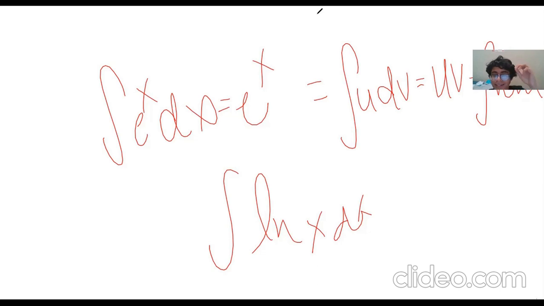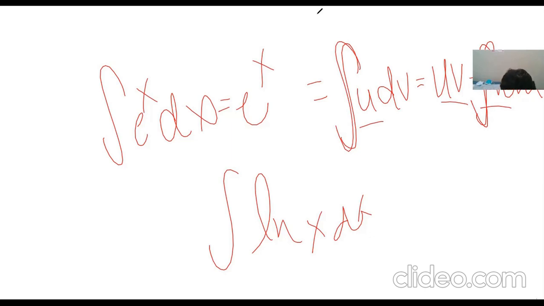I remember the integral of the first letter comes before the integral of the second letter in the alphabet, right? S, T, U, V, in the alphabet. So the integral of u comes before the integral of v. And then the uv minus that part has to just come to u.